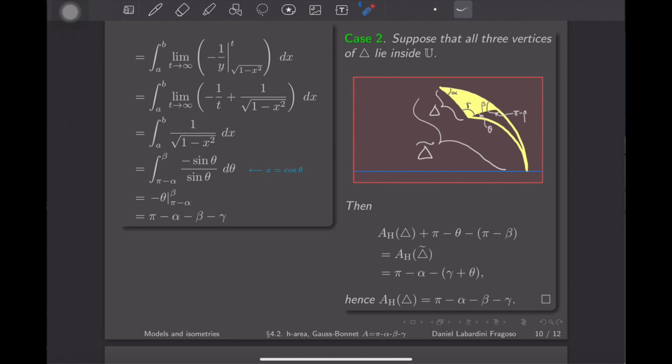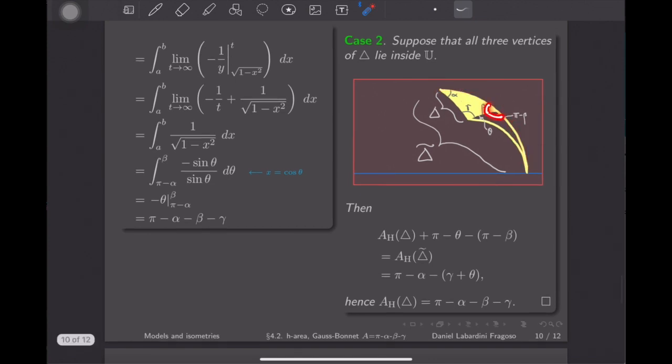So we can apply the known case of Gauss-Bonnet to see that this area is pi minus this, which is the theta I said before, plus this. But you see here, this plus this is pi. Right? So this is pi minus beta. So the area of this guy is pi minus theta minus pi minus beta.